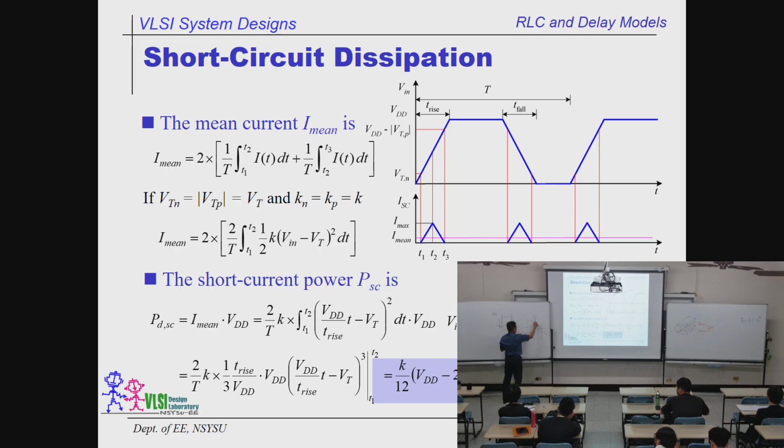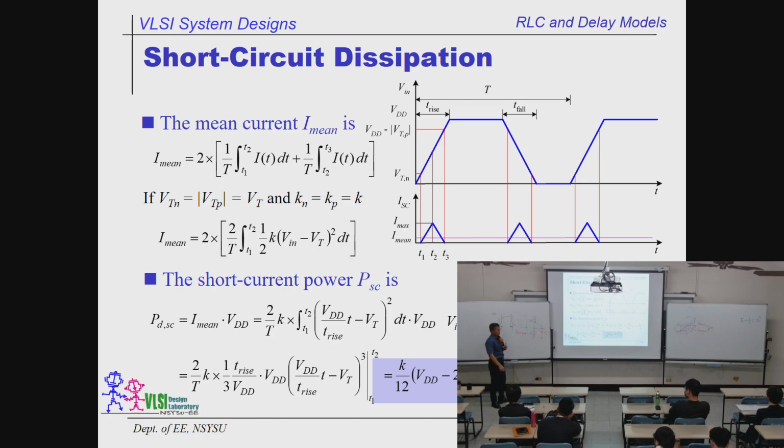This one will be turned on, and this one will be turned on as well. So a small portion of the current will travel from the power supply to the ground directly. And this portion of the current does not go to the load.